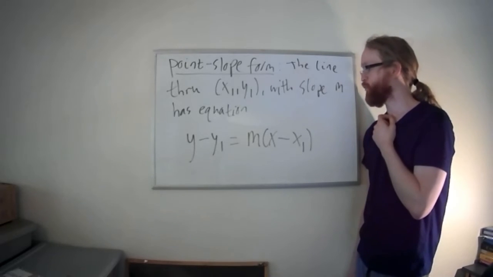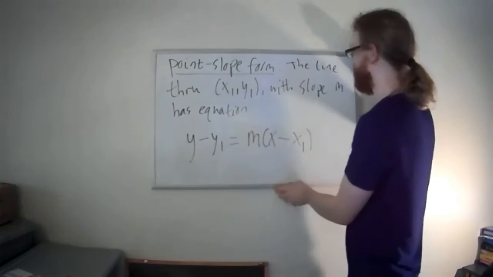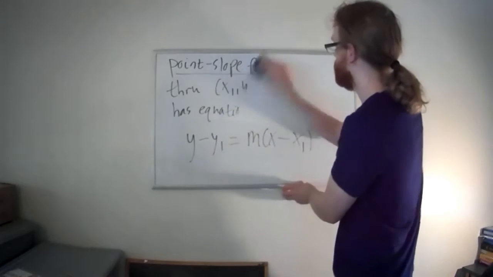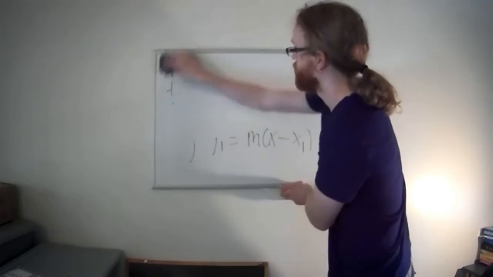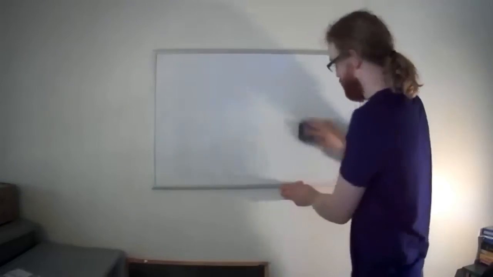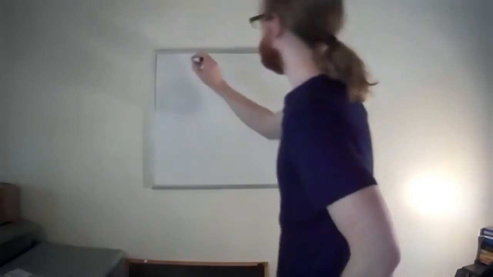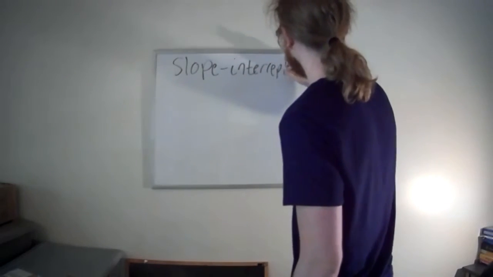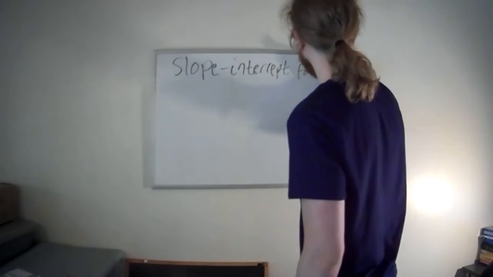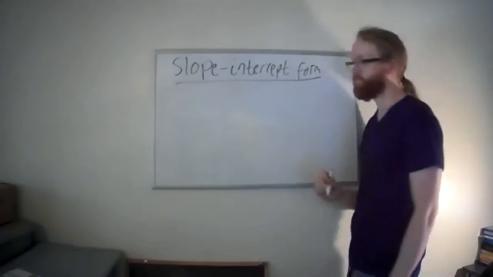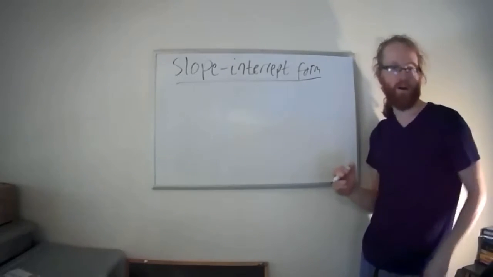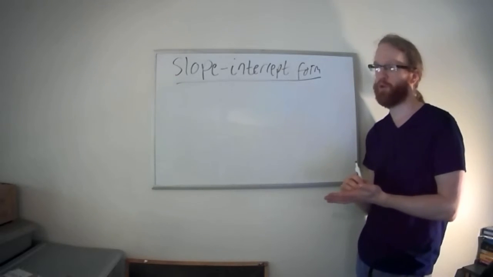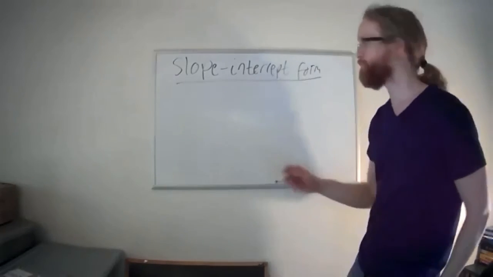And then one more form to mention, the last thing to mention, is slope-intercept form. This is the other form of an equation. It's related to point slope, but it's just a little different.